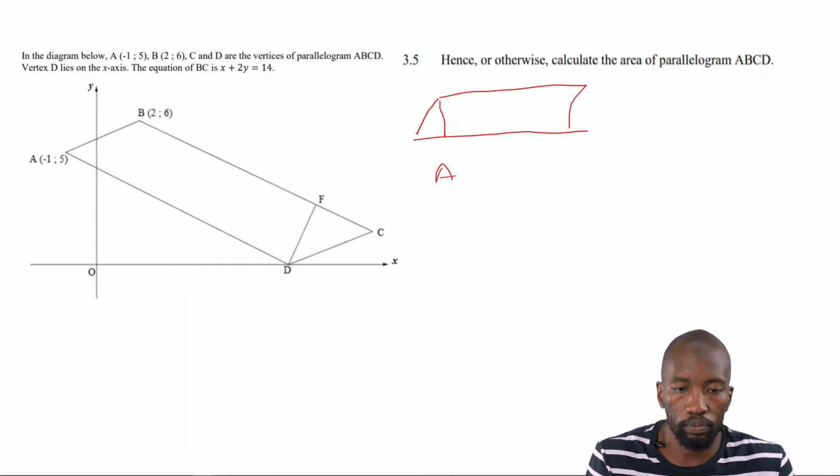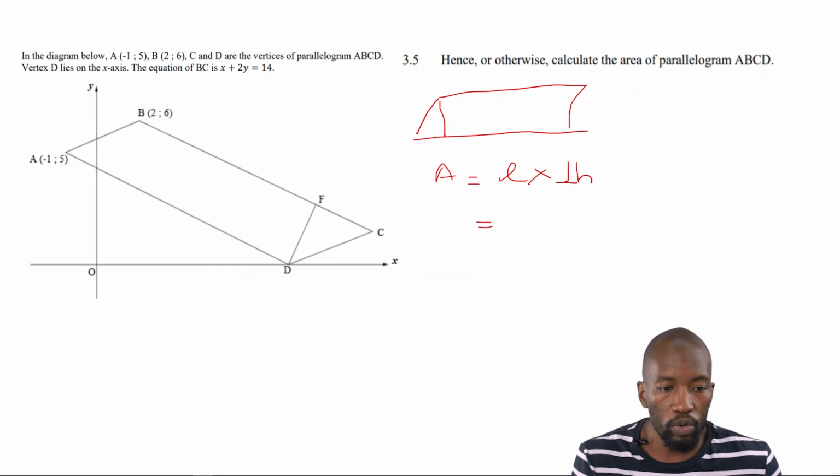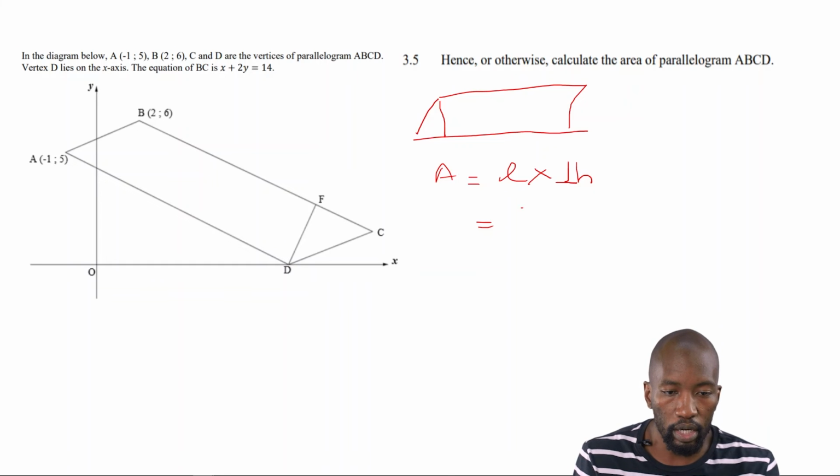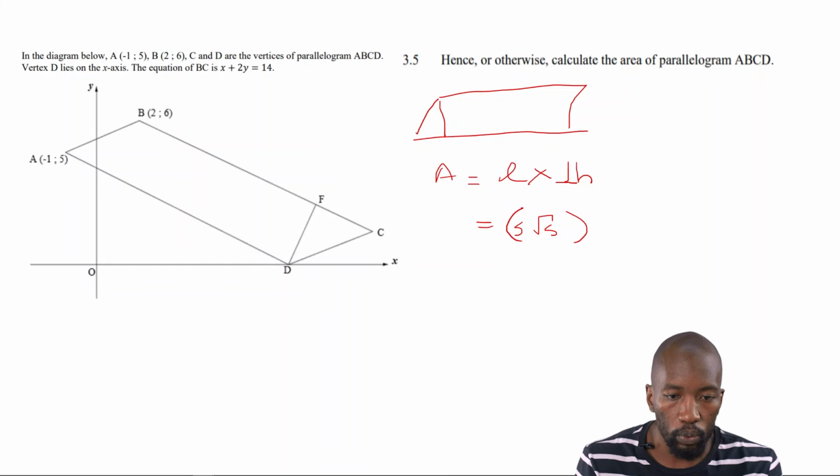So area is equal to length times perpendicular height. We just found what AD is, which was 5 root 5. Then multiply it with the height DF, and we do have DF in our books.